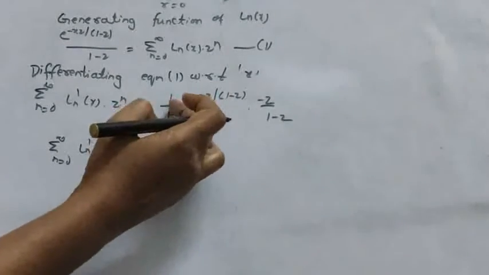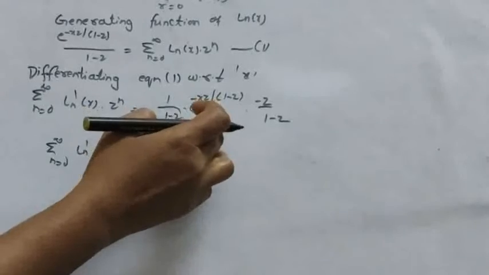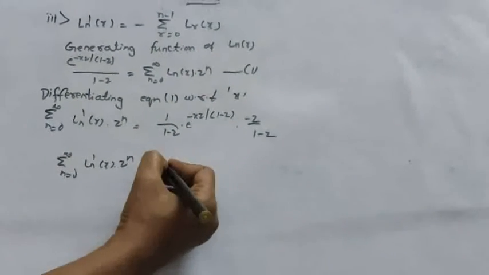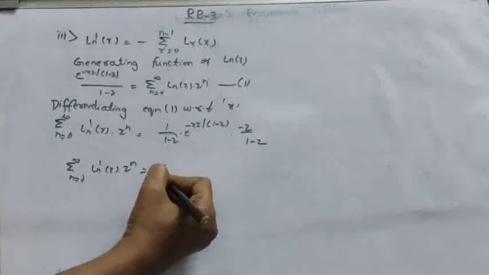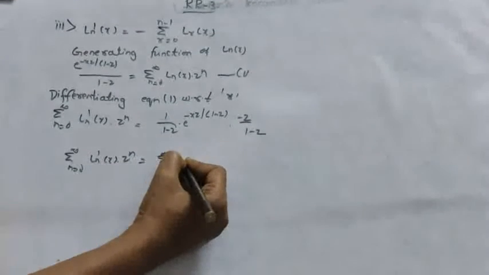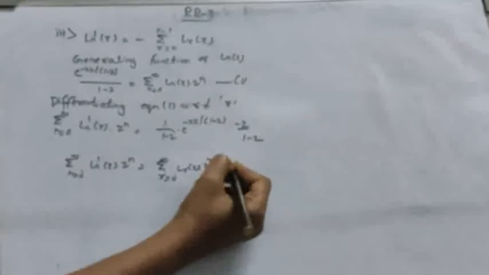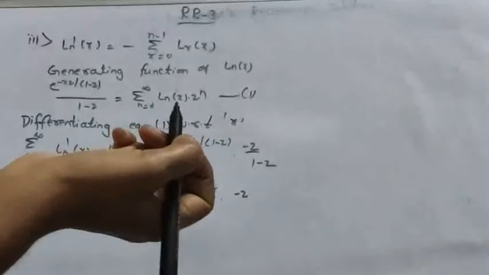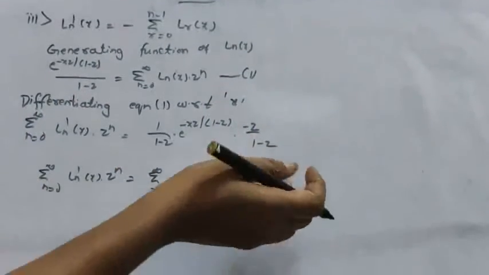So again by using equation 1, in place of n we are going to consider r. So summation r is equal to 0 to infinity Lr of x into z power r. Here minus z I have kept like that only. I am bringing 1 minus z to the numerator.